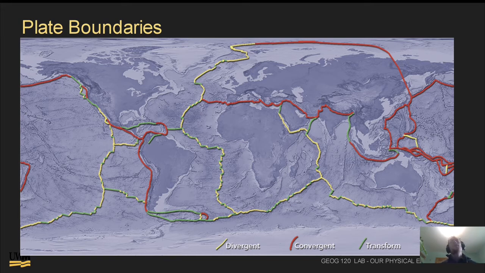And transform, the third type of plate boundary, often called a strike-slip fault too, is basically plates moving side to side of one another. That produces a ton of earthquakes, not usually volcanoes, however, but they can be highly active for earthquakes. The most famous one would be the San Andreas Fault, a transform boundary, which is two plates moving side to side.